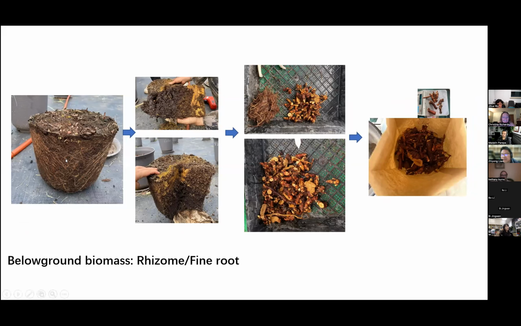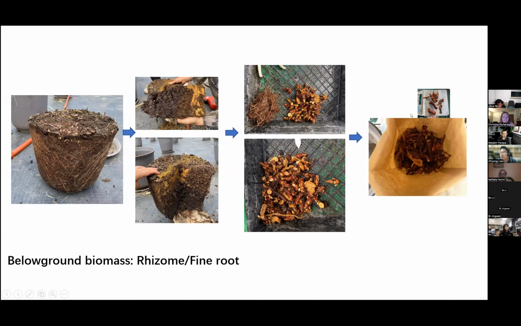So for each plant, we cut them into 2 parts, the small part and the larger part. And then for the small part, we washed the rhizome and also the fine roots. And for the larger part, we washed the rhizomes only.